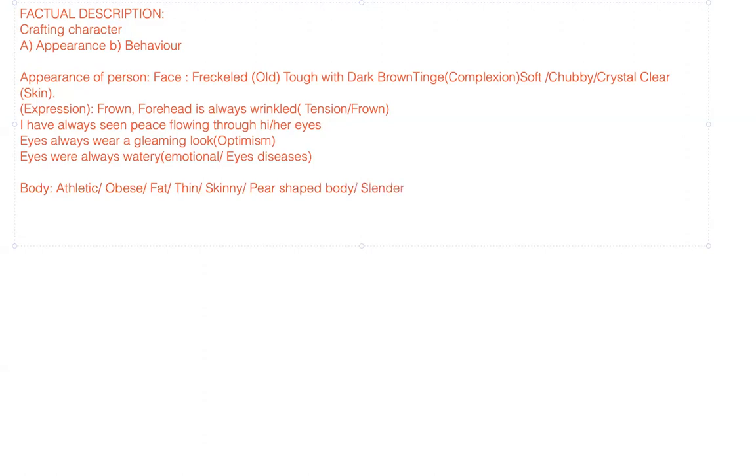The person's appearance was quite slender, that means tall and thin. Such are the words that you can use for crafting the person's body in his character.